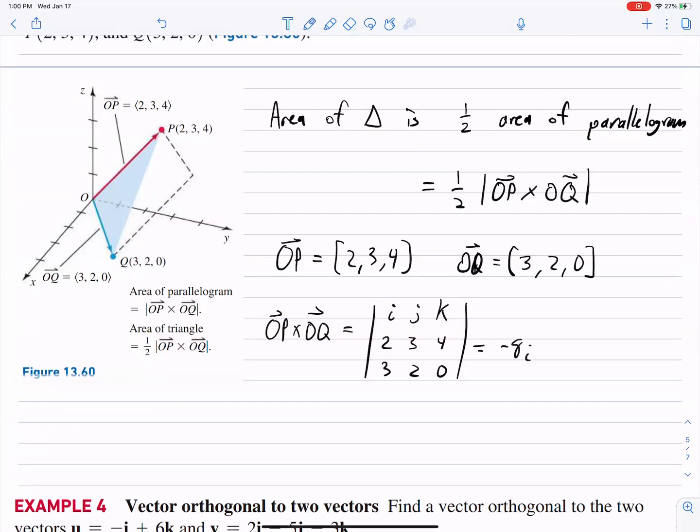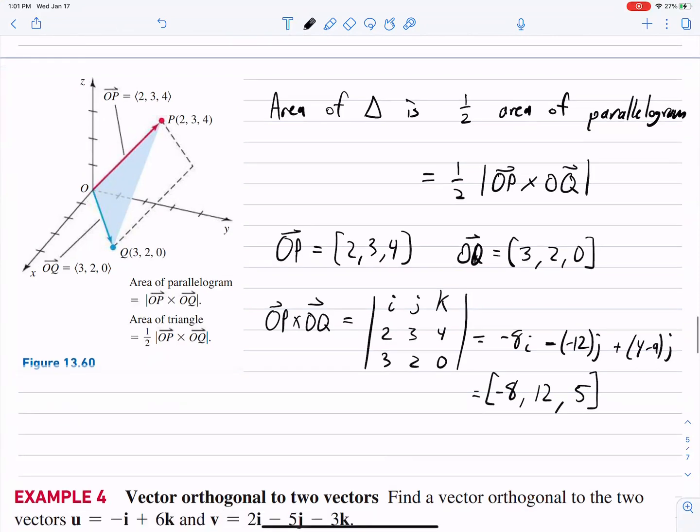If you do the J term, the J term is always minus, and then 0 minus 12, so it'll be negative 12J, and then the K term will be 4 minus 9, which is negative 5K. And so we get negative 8, negative 12, negative 5.